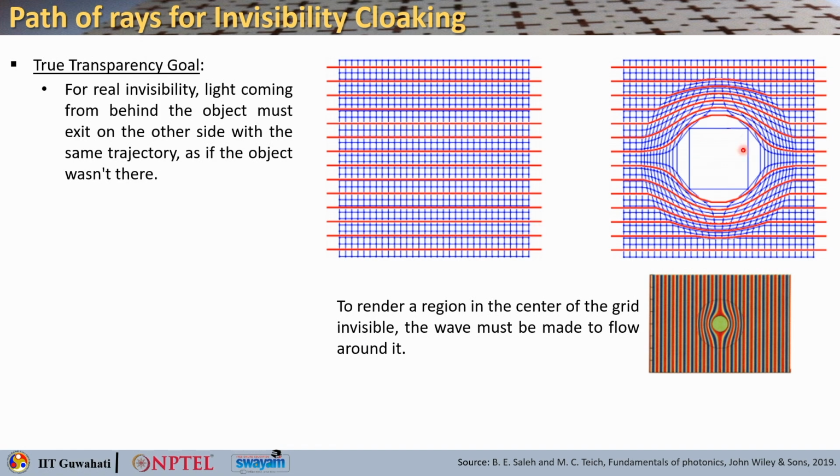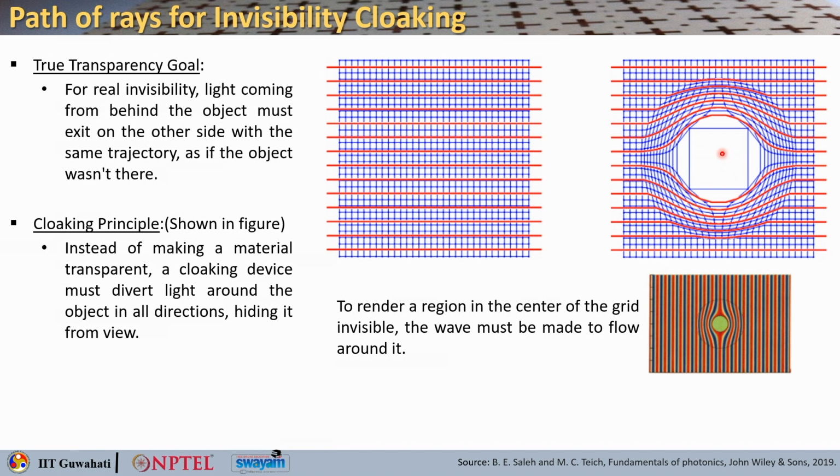Whatever you do in between is the art of cloaking. Here you can see that if there is an object placed in this square hole and this is the cloak bending the light beams around, after exiting they are exactly the same as the incident light beams. That means you are able to hide the object that you are putting here, okay.